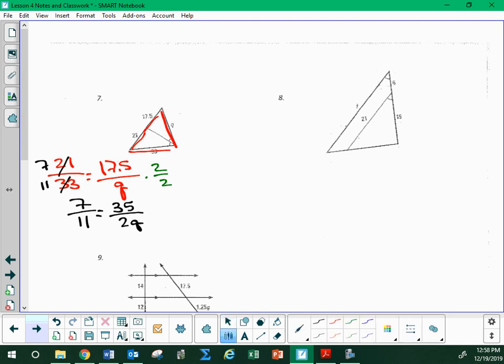So I have 14q equals 11 times 35. I'm not going to multiply that out just yet, because the number is going to get really big, and I'm hoping I can reduce something with my 14. I'm going to have to divide by 14 anyway.